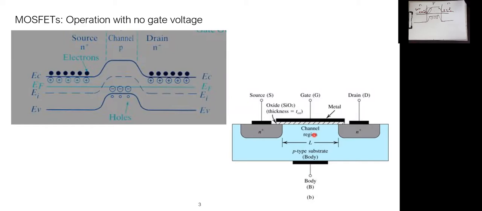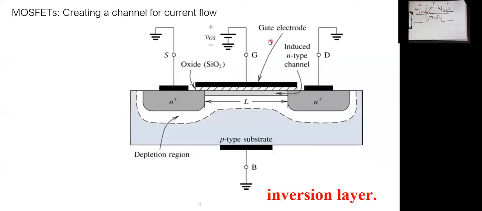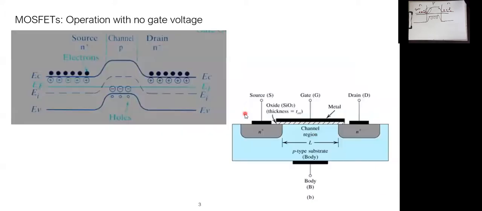That's true, but it still contains a minority amount of electrons. So once you add this positive charge over the gate, an electrical field will propagate through the oxide. And the first step is that you are going to repel holes from this layer.